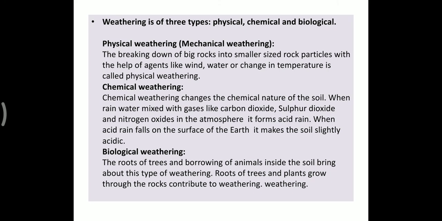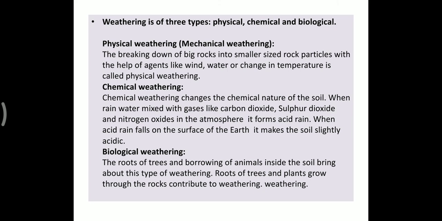When rainwater mixes with these gases, it forms acid rain. It forms acid and drops down in the form of acid rain, and this acid rain makes the soil slightly acidic.